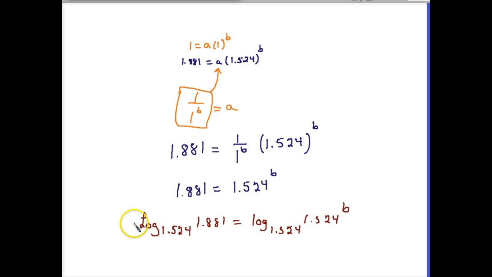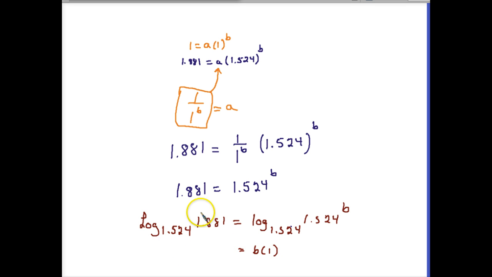So basically what I've done is I've taken the log with base 1.524 of both sides. And the reason is, if you remember, the log of a base to the same number just gives you 1. And remember, we have the power rule that this b can come down and become a factor. So what we really have on this side is b times 1, and that is just b.